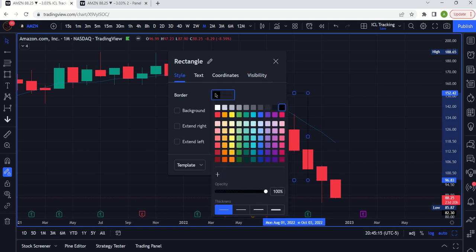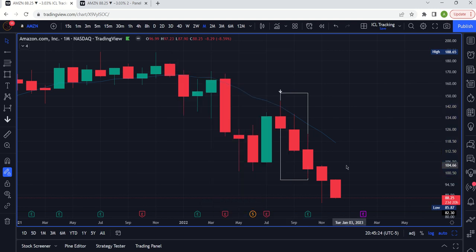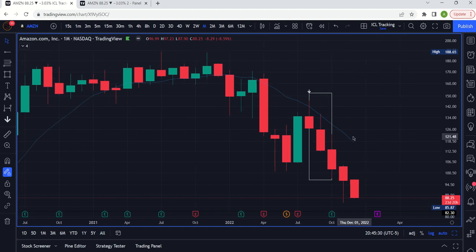And you want to start thinking about it that way. Don't always just think about the exact representation of the data that you're looking at in that moment. Think about how it can be looked at in a couple of different ways. Almost imagine if I took this candle and this candle and combined them into one candle.